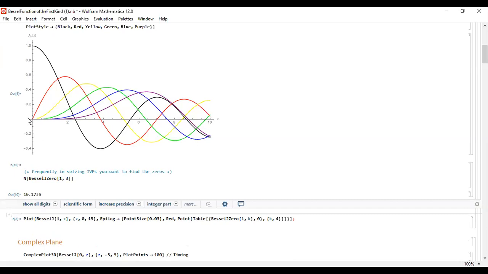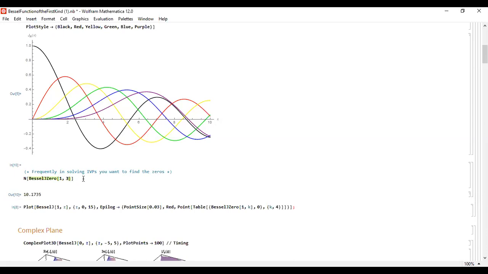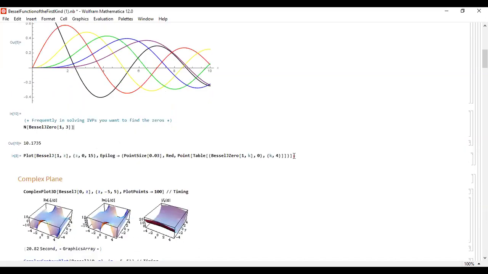The 0th zero is defined to be the one there. So that's 10.17. That's about where it's looking like it's going to hit. So that's how you would find those. And again, if you have boundary conditions, what you have to do is scale your Bessel functions so that they do what you want them to do. And unfortunately, that has to happen numerically.